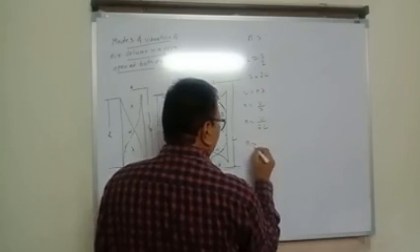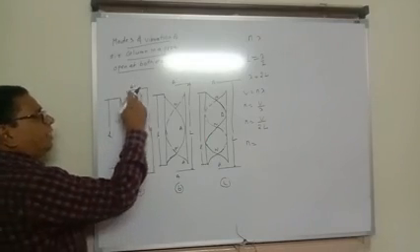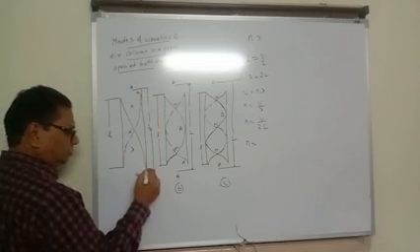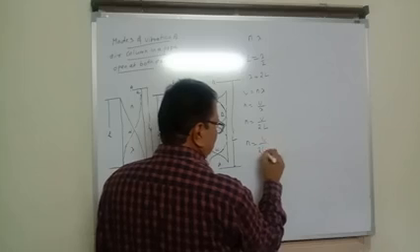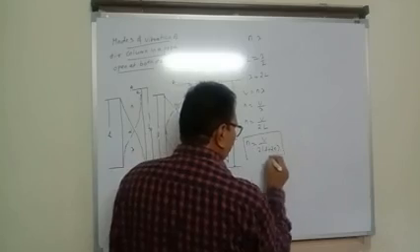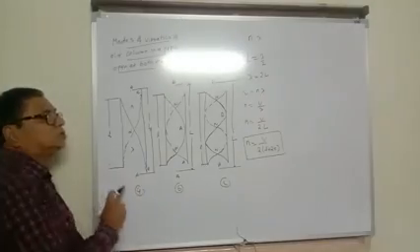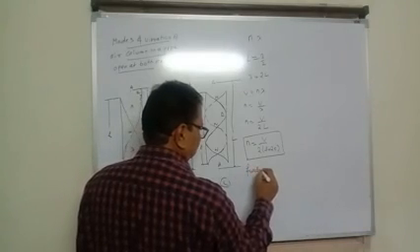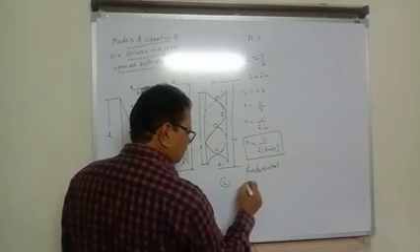As the correction is applied on both sides, the end correction at this end is small e and at this end is small e. Therefore, n is equal to v upon 2L plus 2e. The frequency of vibration in the first mode is called the fundamental frequency, or the first harmonic.